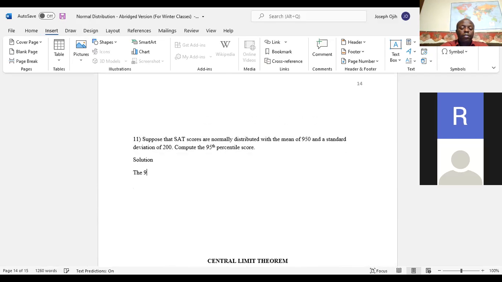The 95th percentile score is the score X such that 95% of the scores are below it.